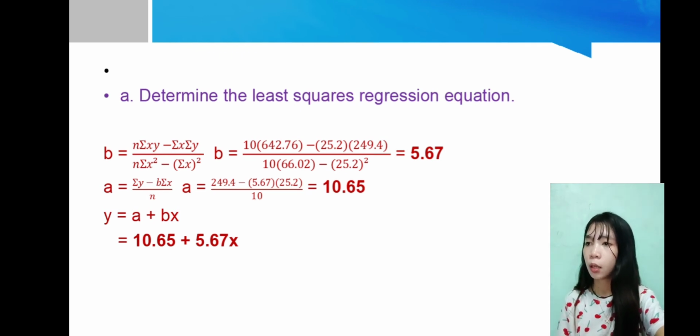A equals summation of y minus b summation of x over n. Substitute the formula. A equals 249.4 minus 5.67 multiplied by 25.2 divided by 10 equals 10.65. Y equals a plus bx equals 10.65 plus 5.67x.